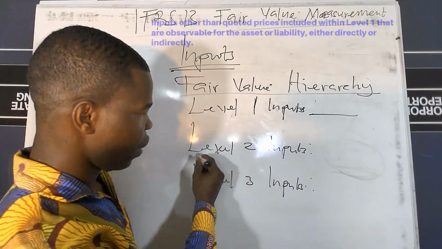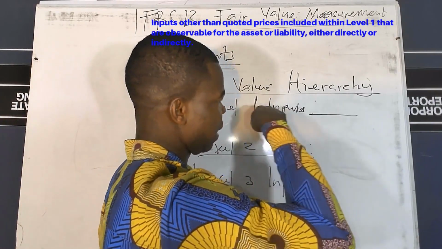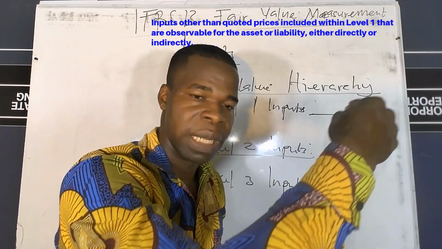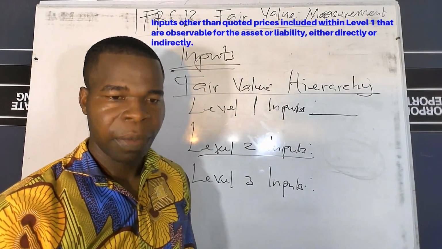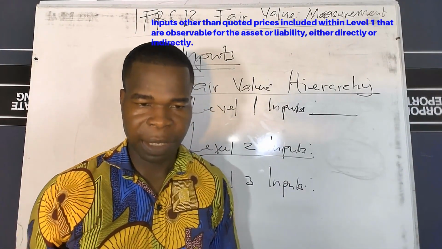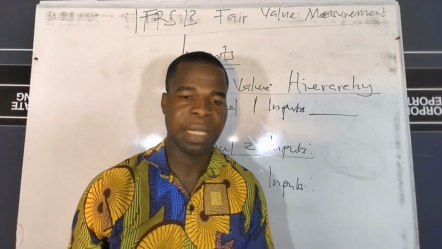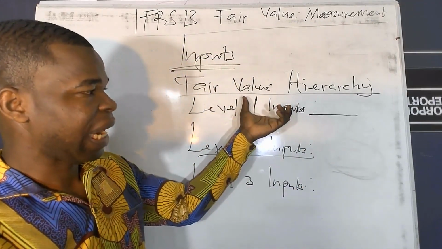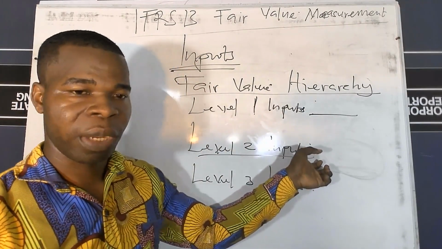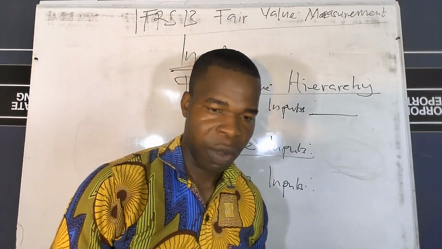Then level 2 are inputs other than those listed in level 1 that are observable for a similar asset or liability, either directly or indirectly. In level 1 we are looking at identical assets and liabilities, but here we are looking at similar assets or liabilities.